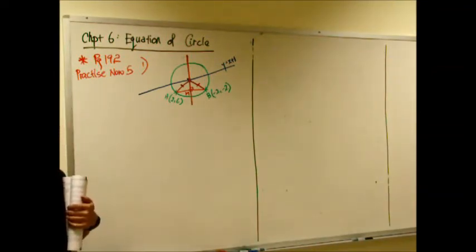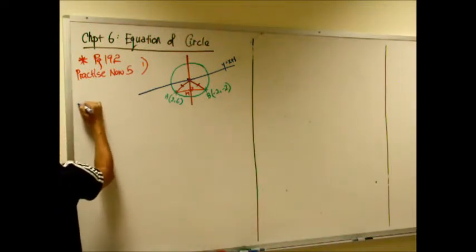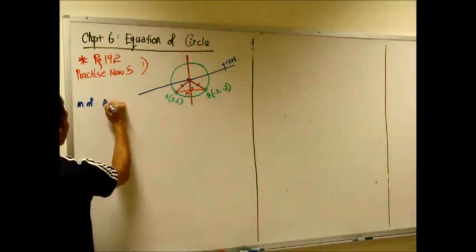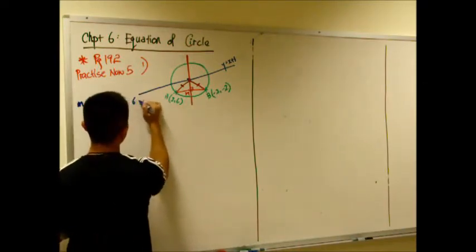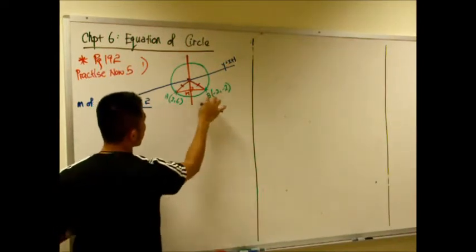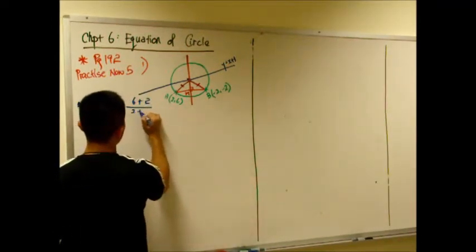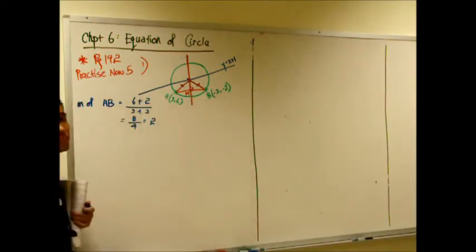In order for us to do that, we need to find the gradient of AB first. Finding the gradient of AB: (6 minus negative 2) over (2 minus negative 2). This is the gradient of AB.